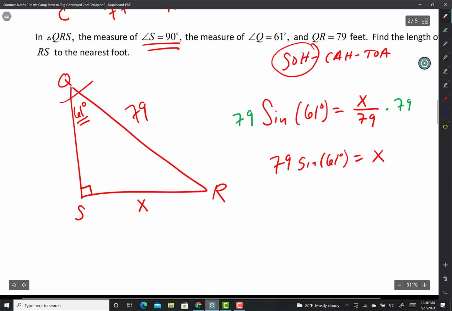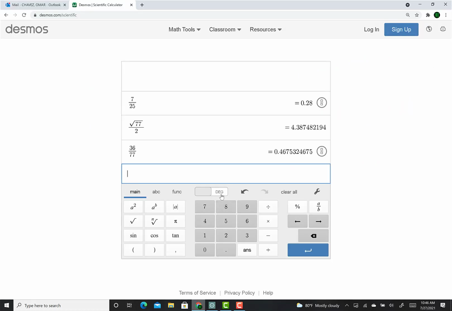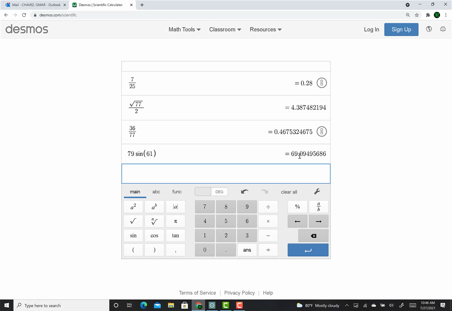You take your calculator. You make sure that your calculator is in degree mode. And how do you know? Well, in Desmos, it tells me right here. See, it says DEG. That stands for degree. And I already forgot what it was. What was it? 79? Was it 79? Sine of what? 61. And there's my answer. So 69.09.